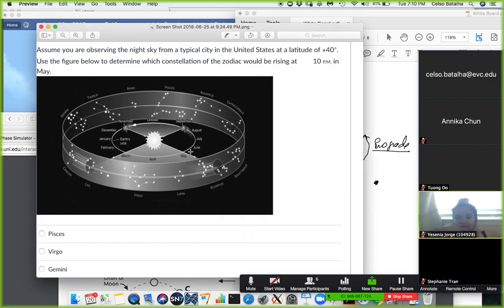So if you draw a tangent here at 9 p.m., it should be hitting this constellation, which is Virgo. So 10 p.m. should be in Virgo. So I would mark Virgo.